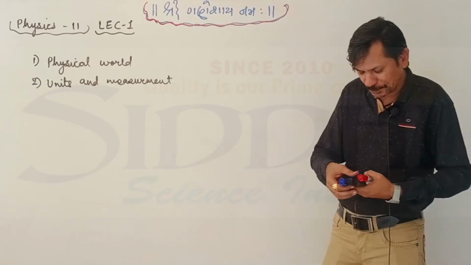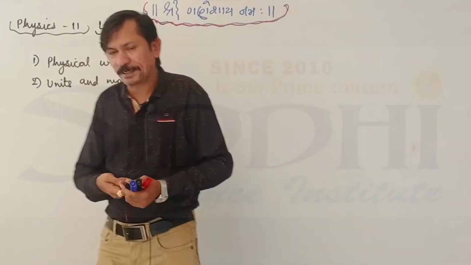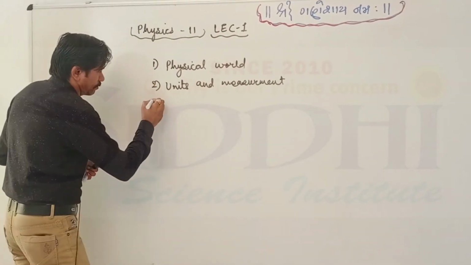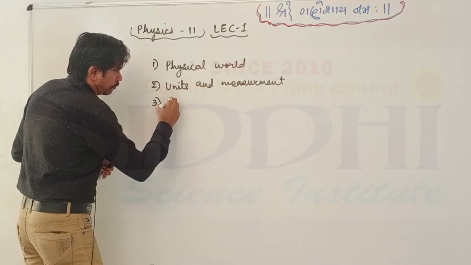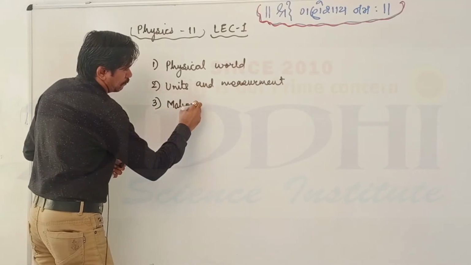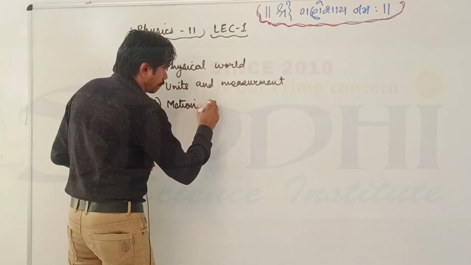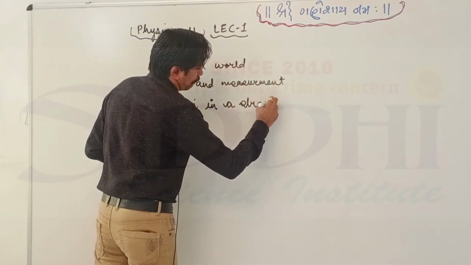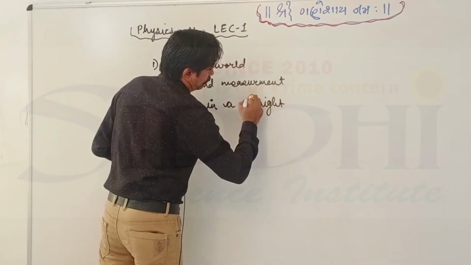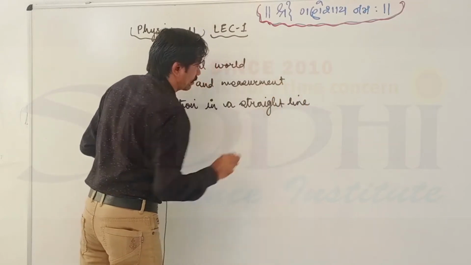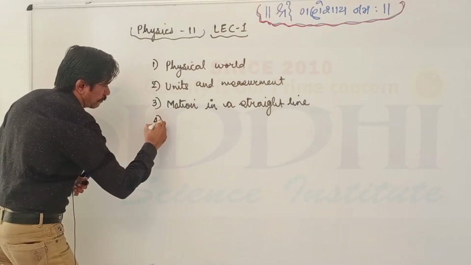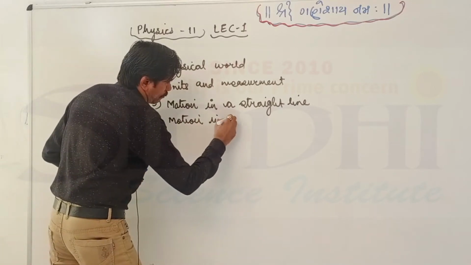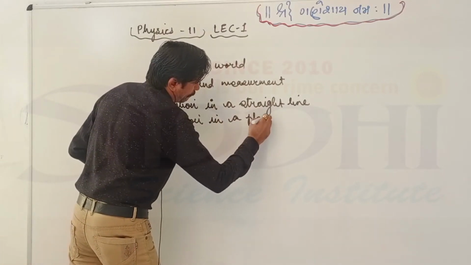Then lesson number 3 and lesson number 4. Third is motion in a straight line, and fourth, motion in a plane.